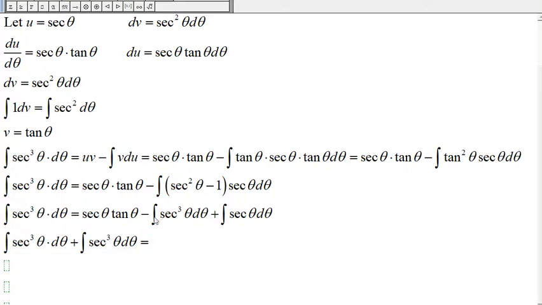And so now what's left is secant theta tangent theta, and then plus the integral of secant of theta.